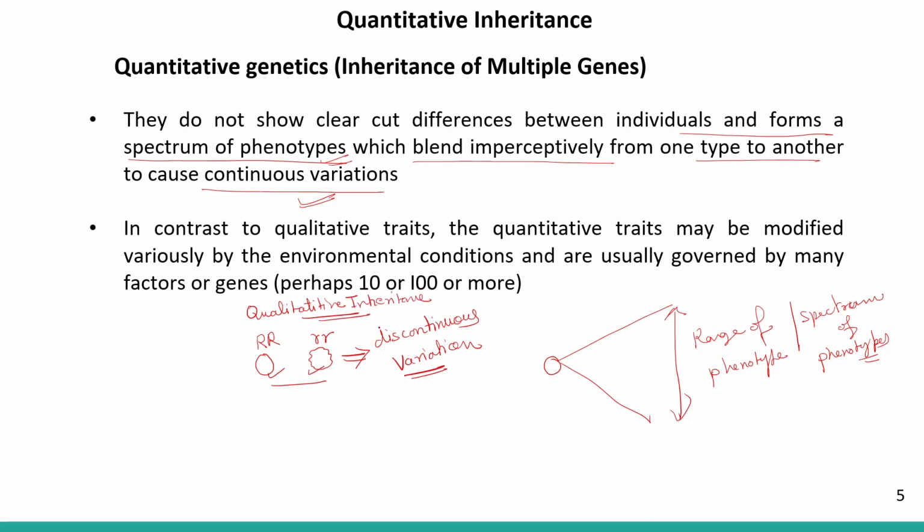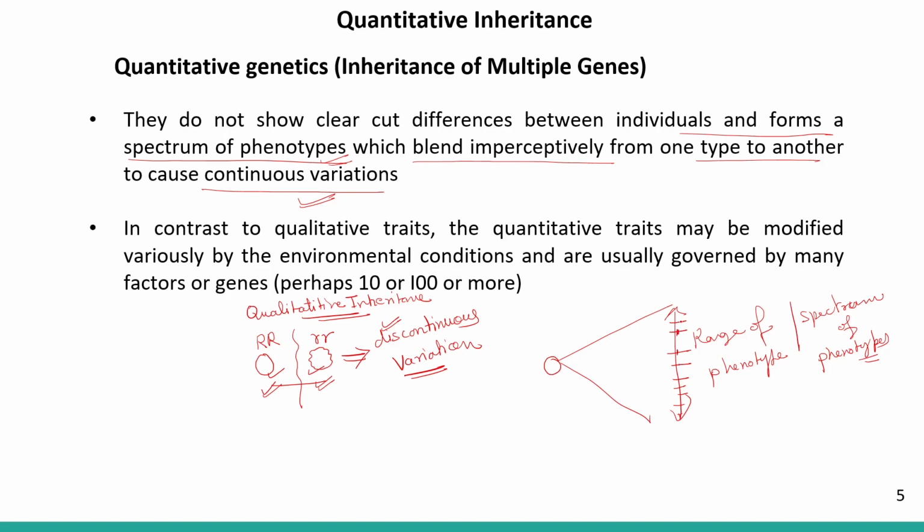Qualitative inheritance shows discontinuous variation, and there is a clear-cut phenotypic difference between the organisms, right? But here you will have a range, and the phenotypes blend with each other.